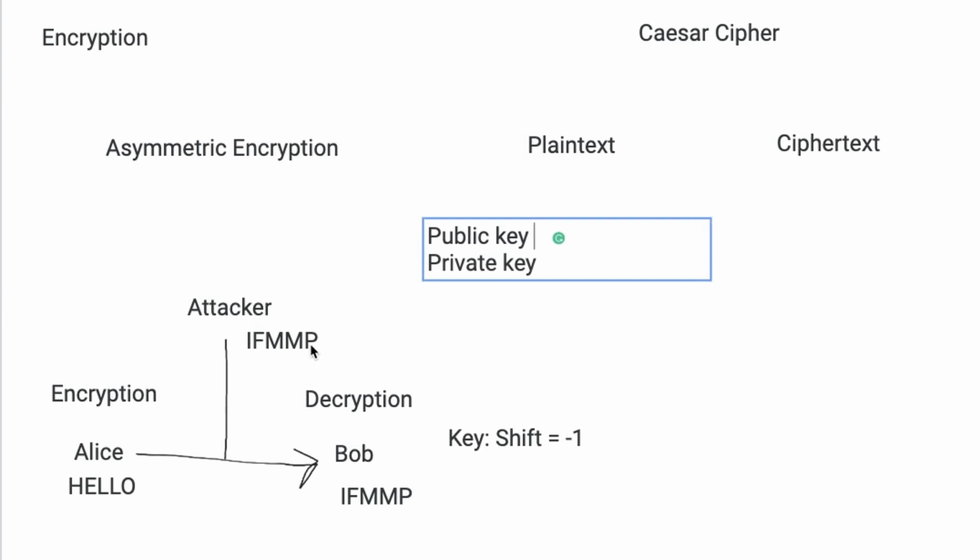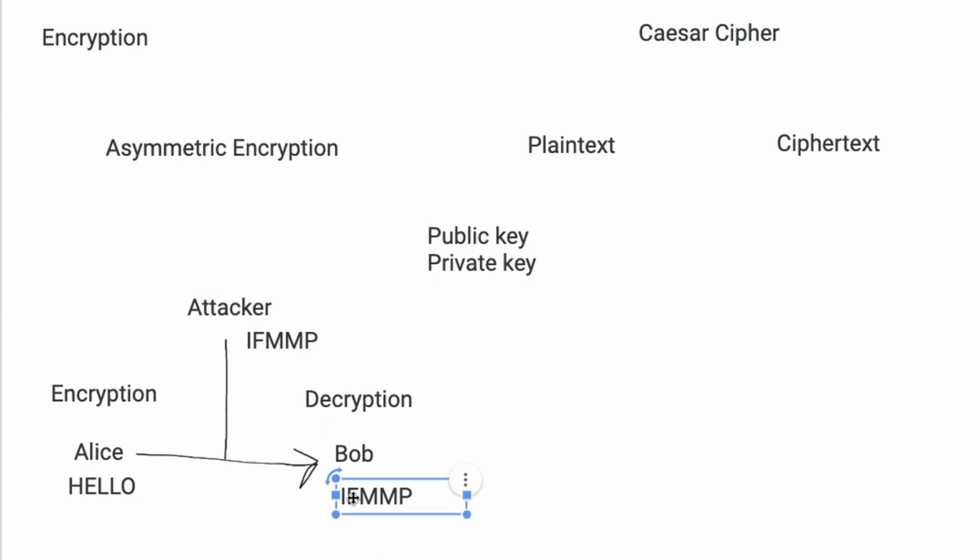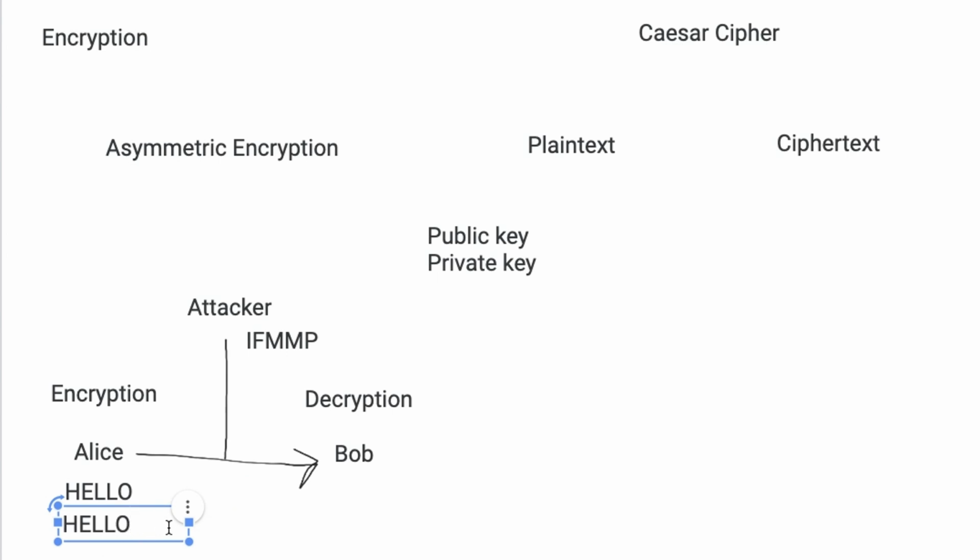So let's see how this process is more powerful than symmetric encryption. Let's say that, with the same example, Alice wants to send a message to Bob. In this scenario, they would use Bob's public key, so Bob's encryption key, to encrypt the message. Say Alice starts with hello again, and she would use Bob's public key that is public to everyone.